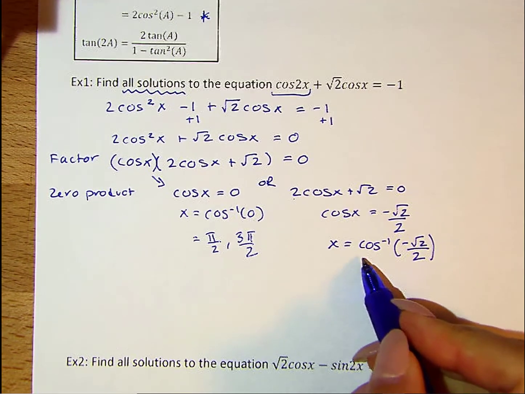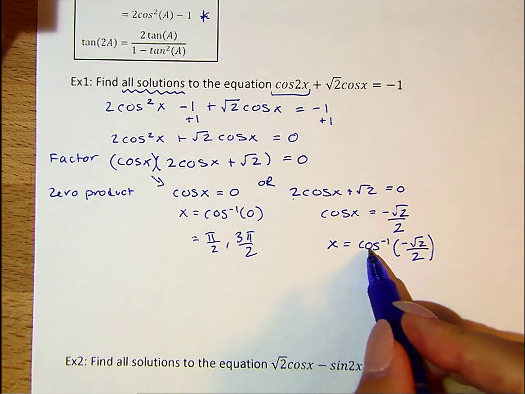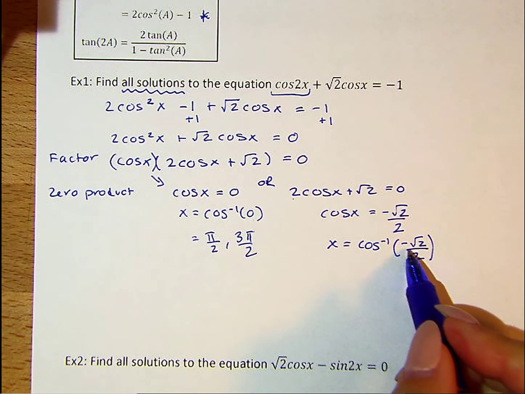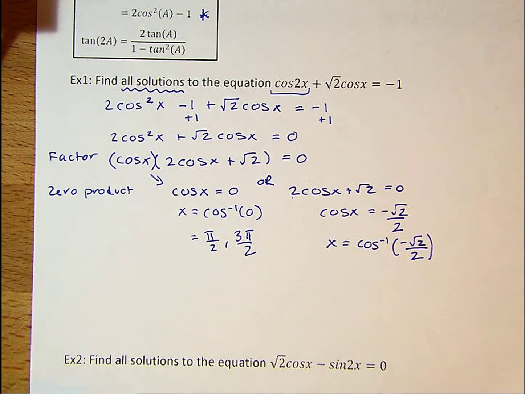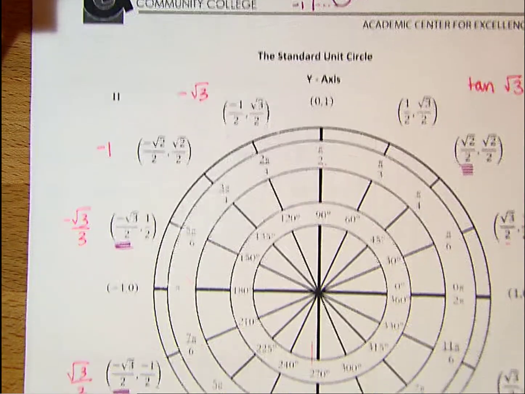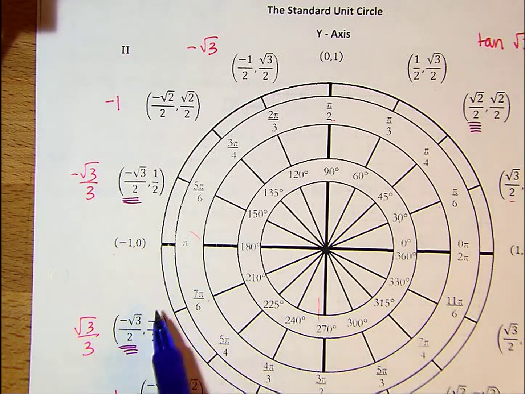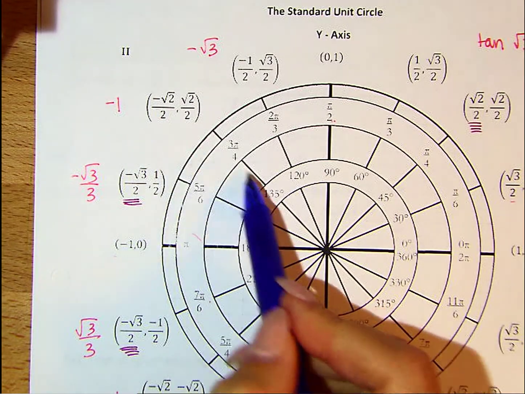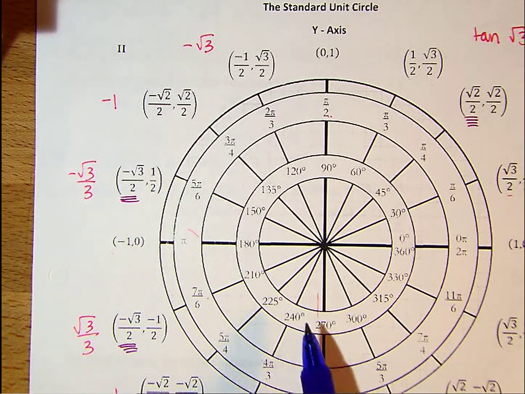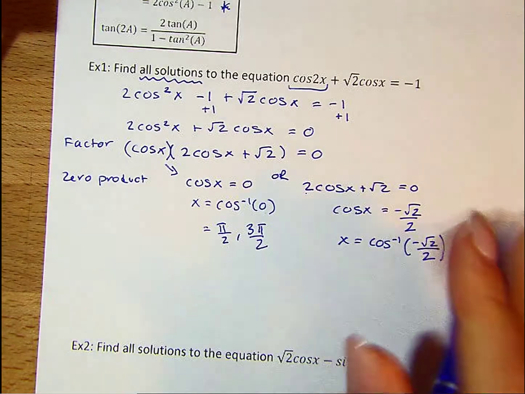And then my other equation is saying at what angle is the x value negative root 2 over 2? So negative root 2 over 2, I have 3 pi over 4 and 5 pi over 4.